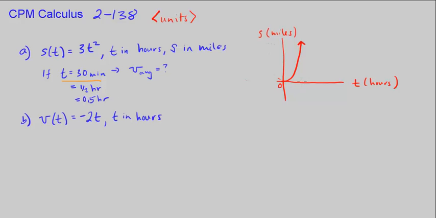So on our graph, at 0.5 hours, what is going to be his distance there? We plug in 0.5 into this distance formula. We get 0.5 squared is 0.25, times 3 is 0.75.